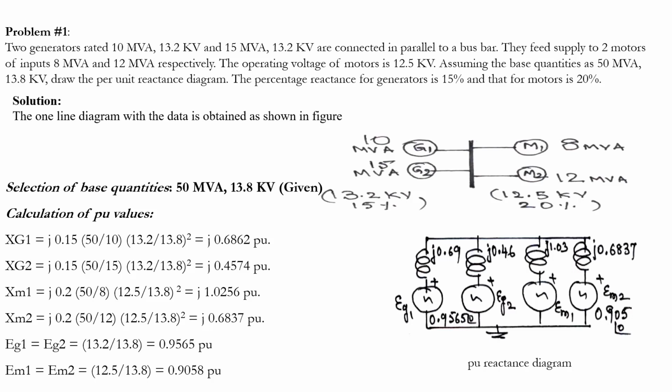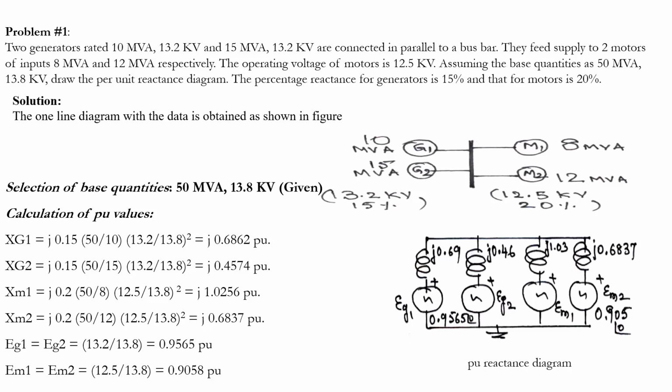These two generators are connected to the bus and from there they feed the two motors M1 and M2. So this is the single line diagram of the given problem. Once the single line is given, as per the problem, we take the power base as 50 MVA and the voltage base as 13.8 kV.